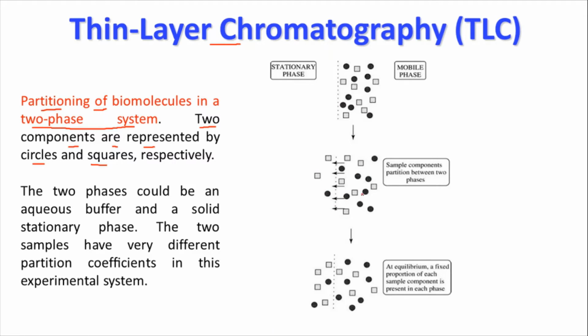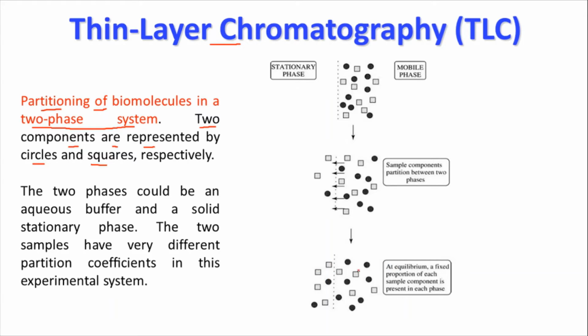This is the intermediate state. The molecules get migrated from the mobile phase to the stationary phase, and finally they are easily distributed. This is called the partition coefficient. The sample components are partitioned between the two phases. This side is the mobile phase, and this is the stationary phase.